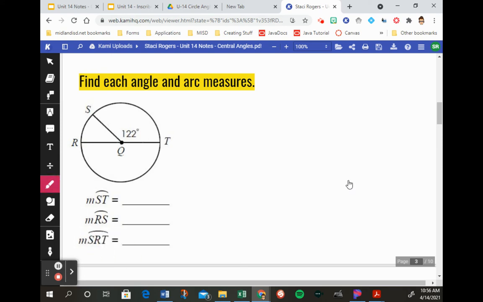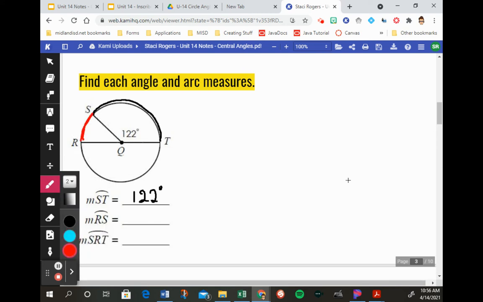So let's look at number 1. The measure of ST, that's this one right here. That one's easy. That's 122 degrees. Well, the measure of RS, that's this one. I'm going to change colors to red.